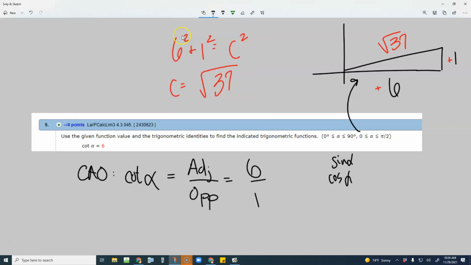But we use abbreviations for all of our trig functions. So cotangent of theta, of any angle, is the same thing as the adjacent over the opposite, which is the same thing as 1 over the tangent.